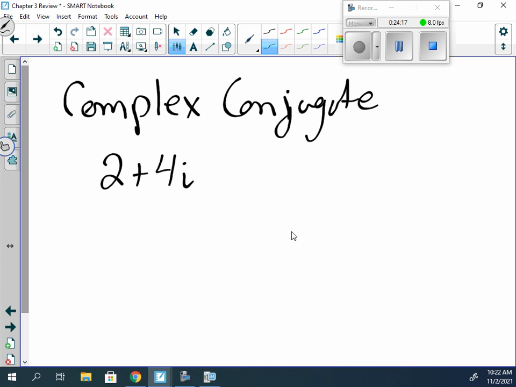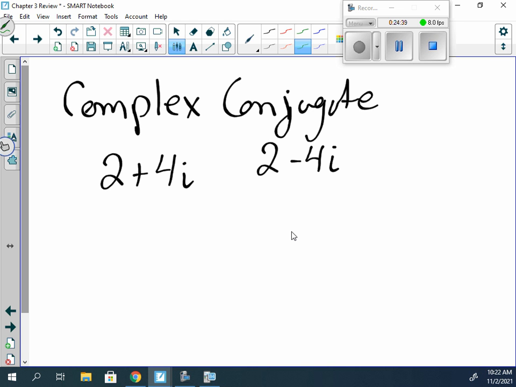What was the complex conjugate of 2 plus 4i? It's not on there, I realized, because this is on the test, and I forget every year to add it back in, or add it on.